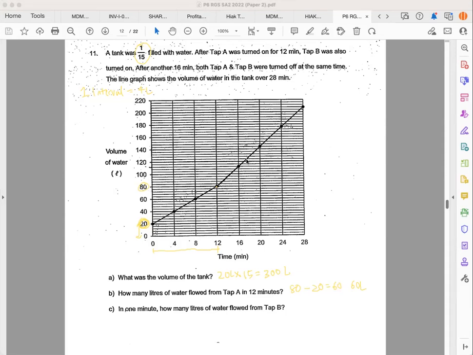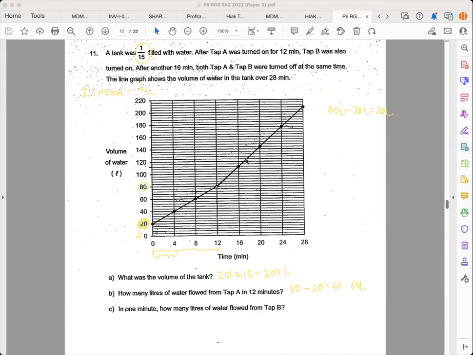This working is a bit long, so let's do it on this side. From 0 to 4, the amount of water flowed from tap A is 40 minus 20 liters, which is 20 liters.